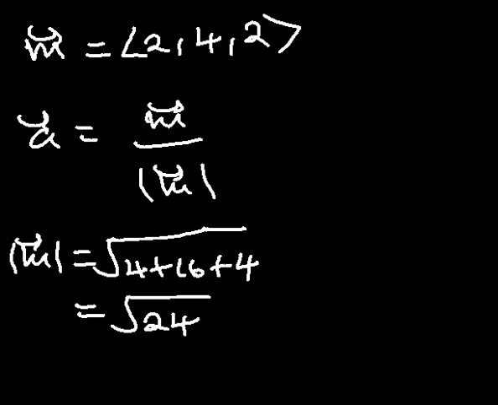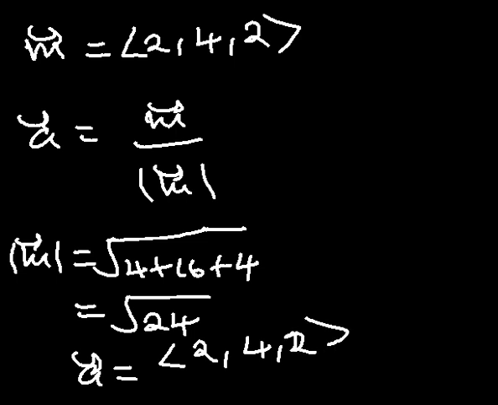So the unit vector, given as the vector A, will be the vector (2, 4, 2) divided by the square root of 24.